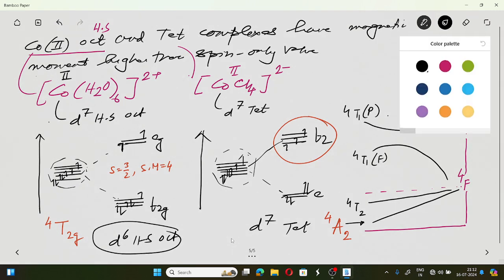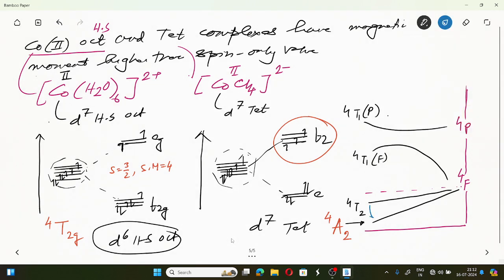So once again you can explain that there will be spin orbit coupling, and the magnetic moment will be higher than the spin only value. Normally in this case the magnetic moment should correspond to the spin only value, isn't it?